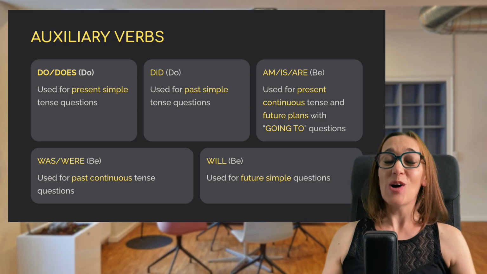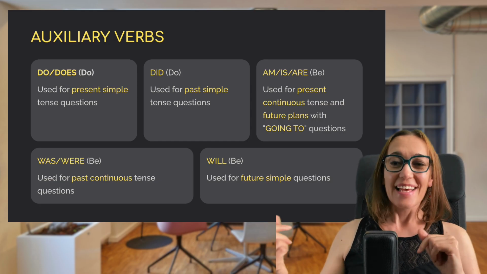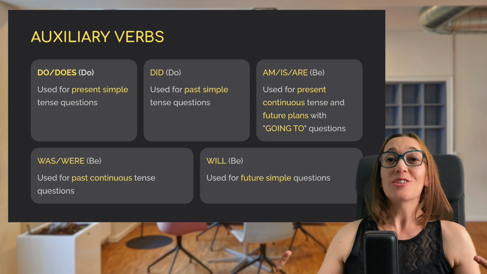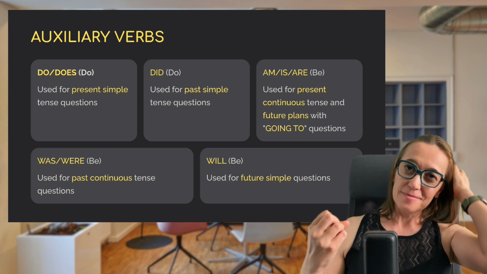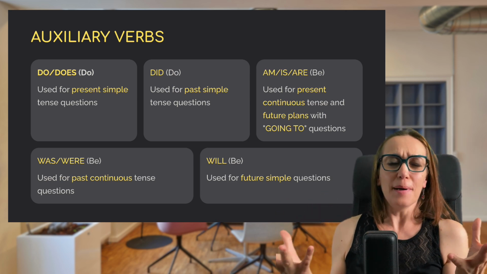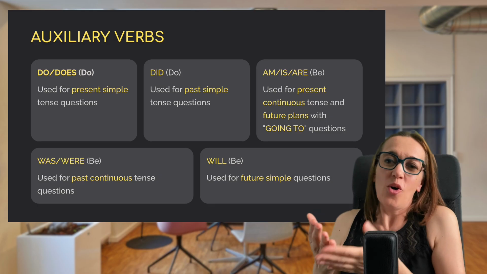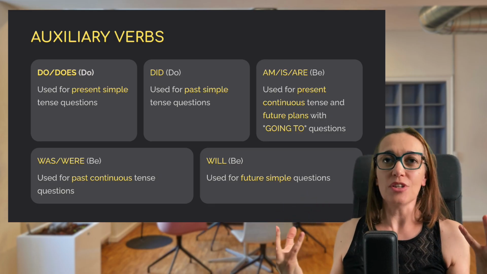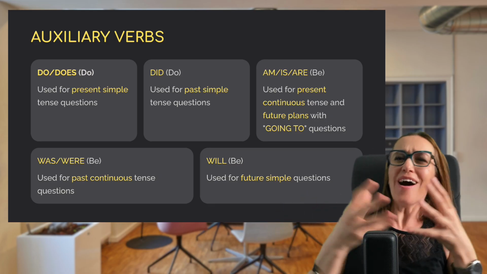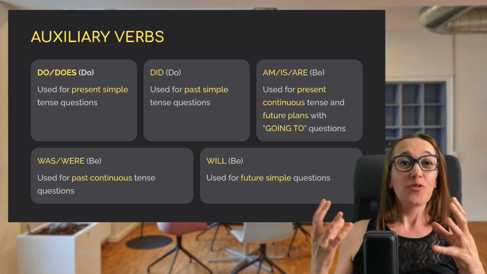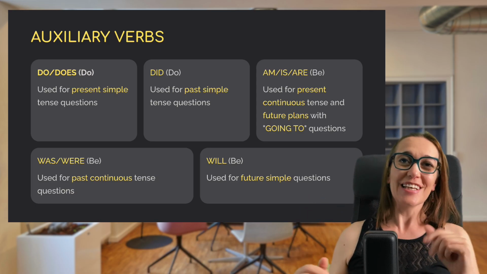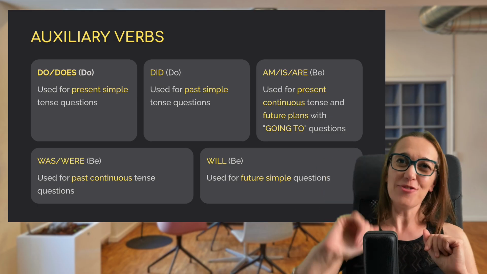Well, these are the auxiliary verbs, and you see how important they are. They're really powerful. But the question is, how to remember the order of words in a question. It's so strict and we can't play with this order. And for this, we've got the magic high five.